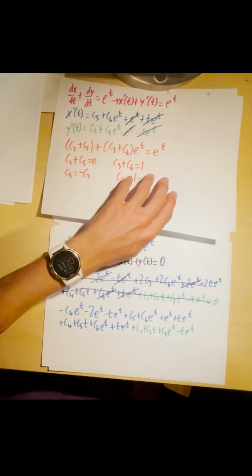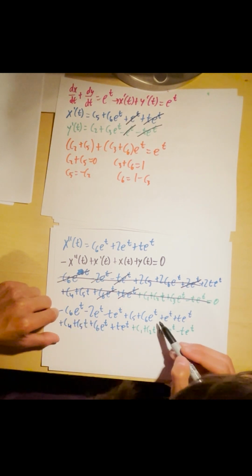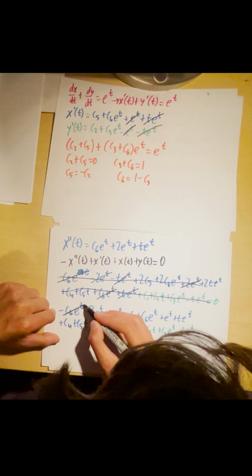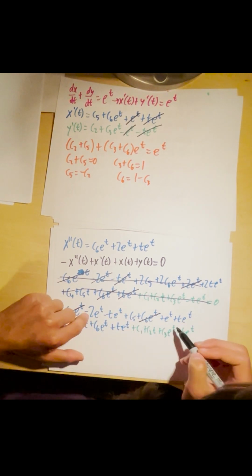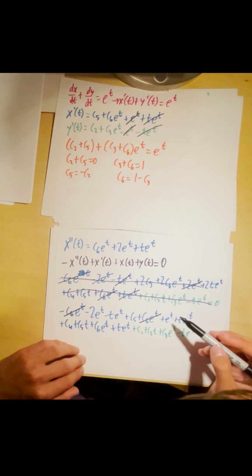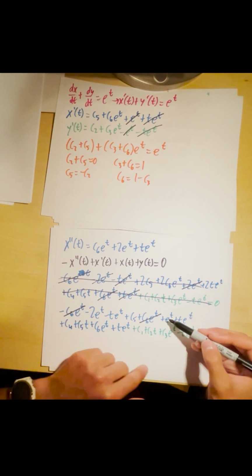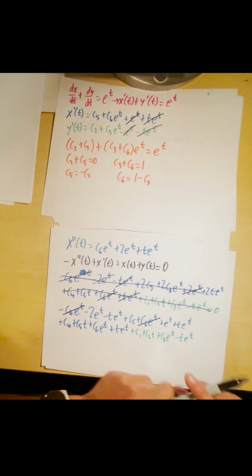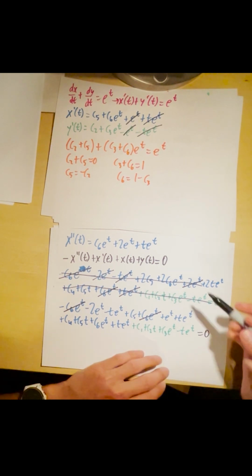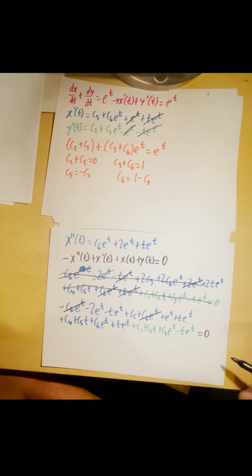Now I will cancel terms. Negative c6 e to the t, we can cancel this with this c6 e to the t. Negative 2e to the t, here's an e to the t. Oh, and this whole thing's going to equal 0 because we're plugging into this equation.